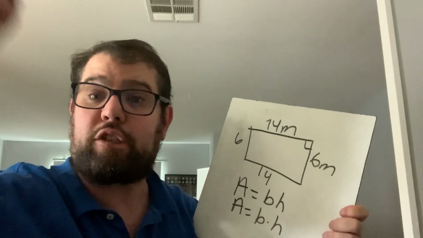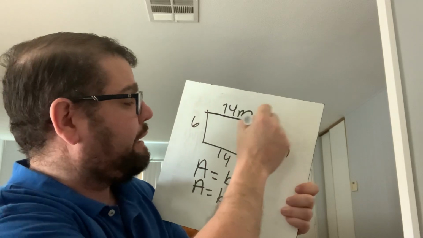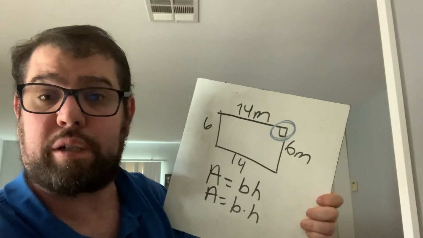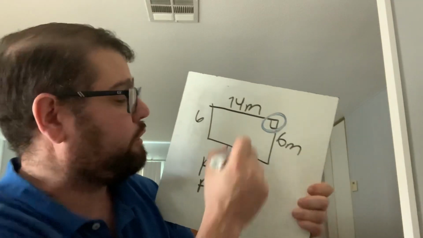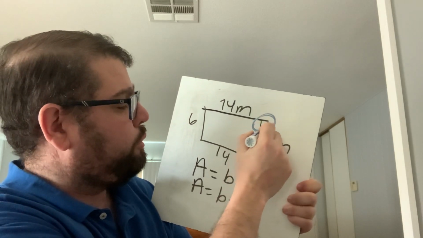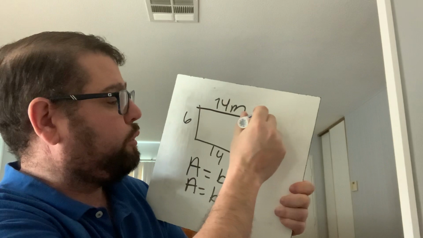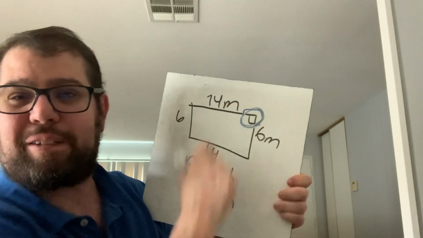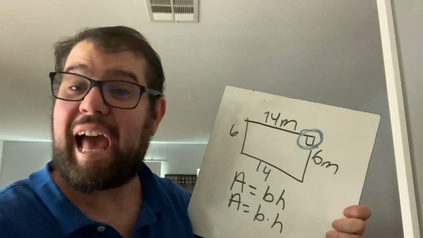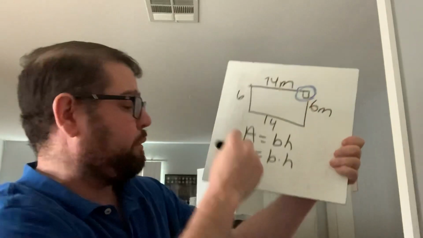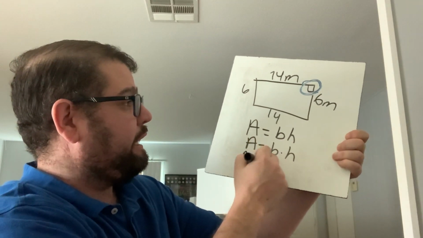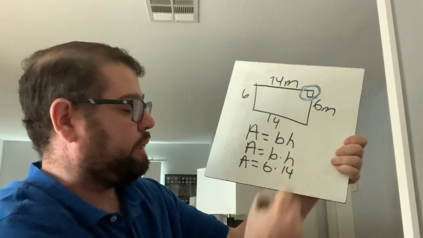That's why I do my trick. Circle that 90-degree box. Circle the corner. What two numbers did that circle go through? That goes through the 6 line. That goes through the 14. That's how I know that down here I'm going to put area equals 6 times 14.